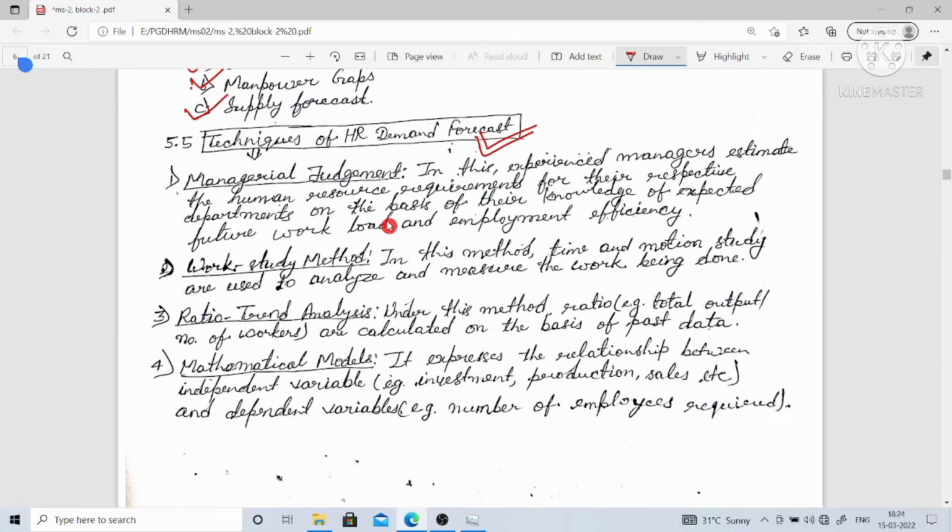By analyzing all these things, managers decide what number of employees the organization should recruit.